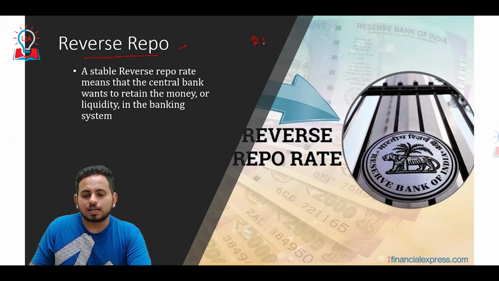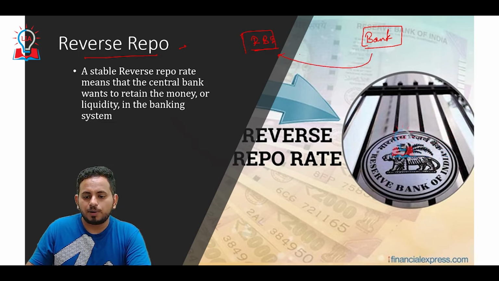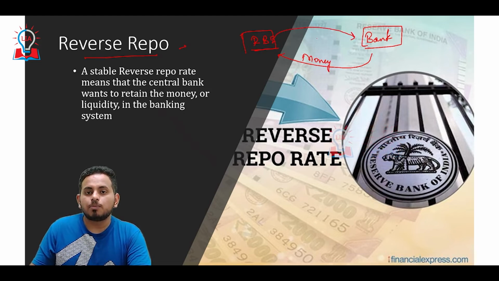For example, if this is RBI, imagine a bank. In case of reverse repo, banks deposit or place their money with RBI. In turn, RBI will pay the interest.